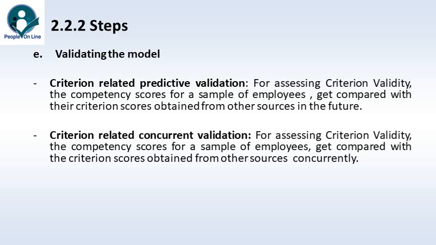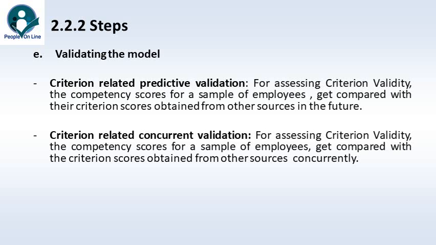So, if we are hiring people on the basis of assessment against a particular competency model, we get to know their competency scores, and we could compare those ratings with their appraisal ratings at the end of the first year, which is on the basis of their actual performance, and try and see if there is a correlation. And if there is a positive correlation, then obviously we are able to successfully validate.